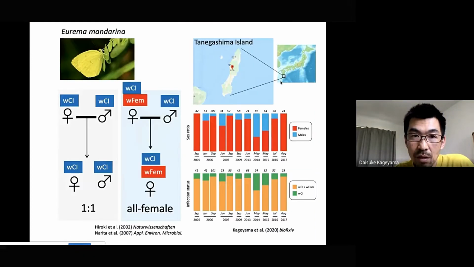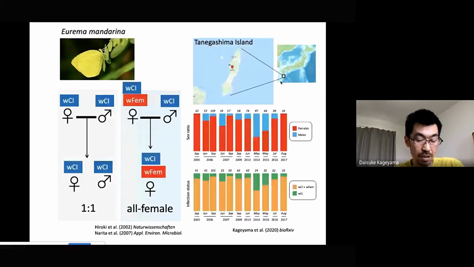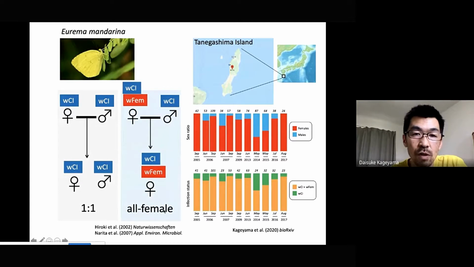Actually, we found a similar case in another species of butterfly. In this species, there are two different kinds of Wolbachia. The Wolbachia called wCI is fixed in the species, but it does not cause all-female broods or affect any sex ratios. And wFem causes all females.